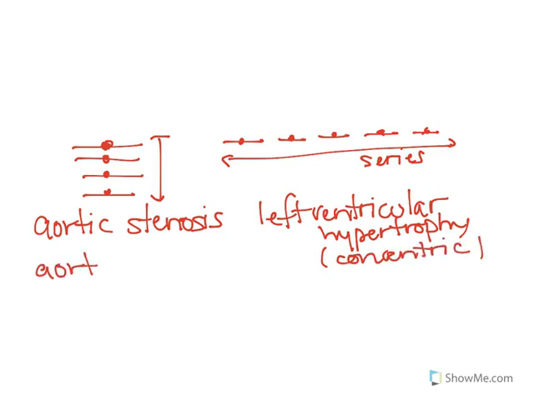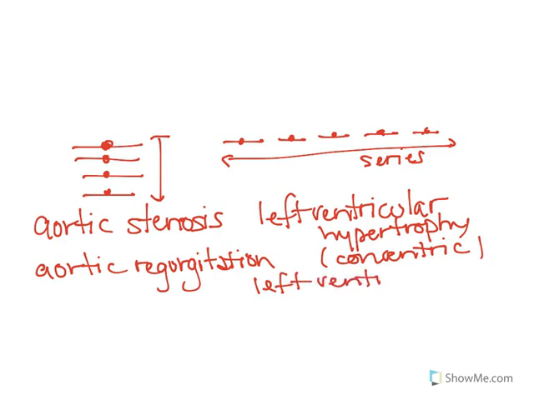Aortic regurgitation, left ventricle is going to work harder. Over time, it tries to compensate to maintain its efficiency. You're going to also have left ventricular hypertrophy. This type, though, is eccentric.